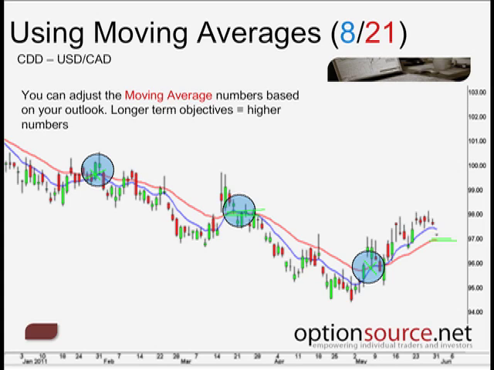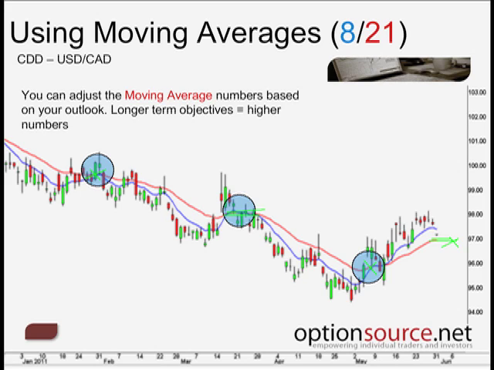But by putting these moving averages in place, we recognize that the 21-bar moving average is more or less a support line. So what we want to be looking for today is whether today's price action closes below that 21-bar moving average, or whether that 21-bar moving average actually holds as support.